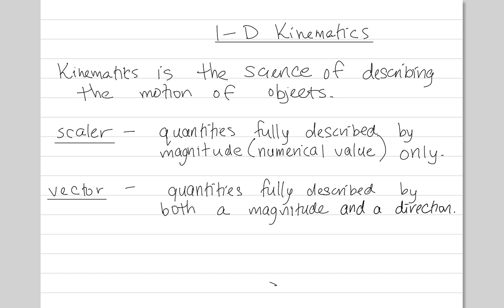Okay, so in kinematics, with the study of motion, a natural place to start will be distance and its vector counterpart. What's the vector counterpart for distance? Displacement, good. And speed, what's the vector complement of speed? Velocity, good.